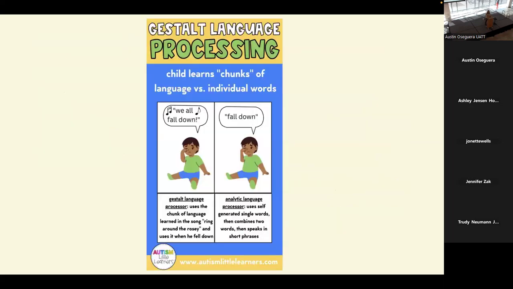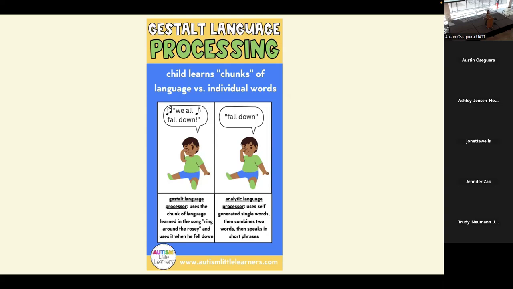So this is a really cute graphic that shows the difference between an analytic and a Gestalt language processor. So the little boy who falls down, who's an analytic processor, he'll say, fall down. And then the Gestalt language processor might say, we all fall down.